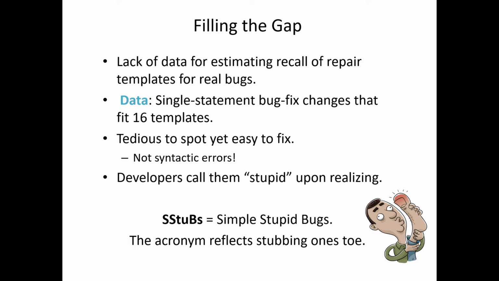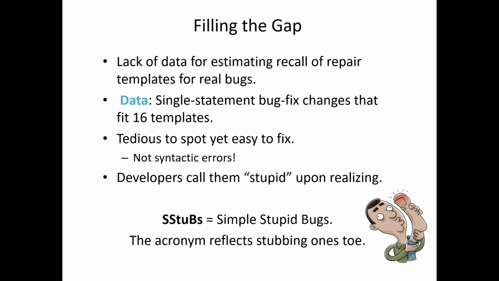We defined 16 templates of single statement bug fix changes. The inspiration behind this is that these kinds of errors are tedious to spot, yet easy to fix upon realizing where they are. So these are not syntactic errors, they're actually semantic errors.